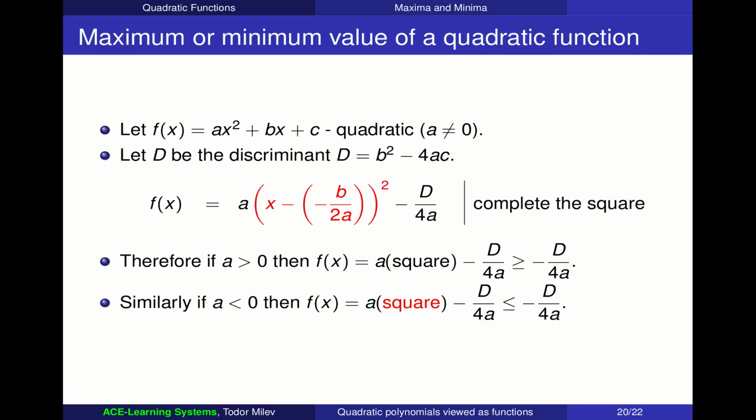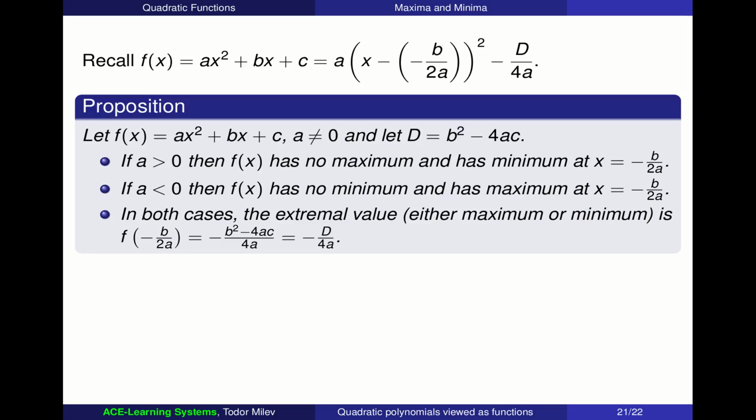So let's summarize this observation into a mathematical statement. If the leading coefficient of my quadratic is positive, then my quadratic has no maximum, because it opens upward and grows infinitely large. So if the leading coefficient is positive, then my function has no maximum, and has a minimum attained at the tip of the parabola, which is when x is equal to negative b over 2a.